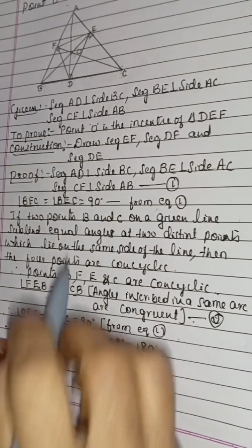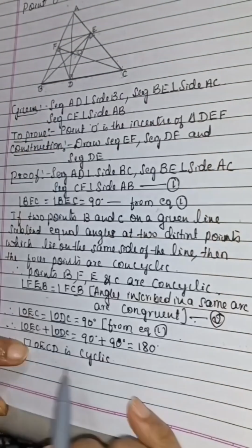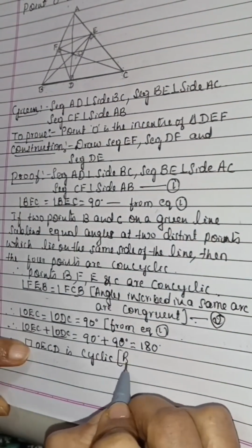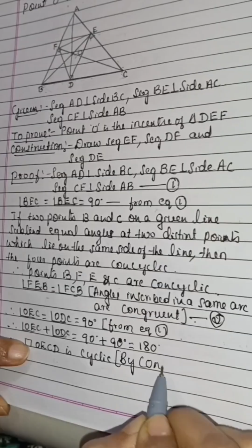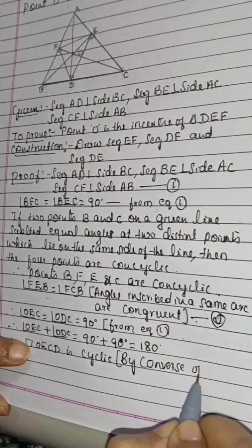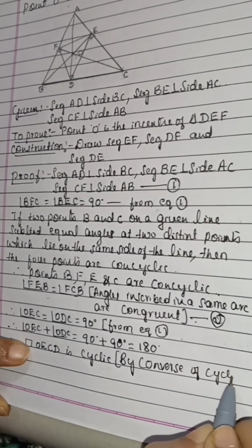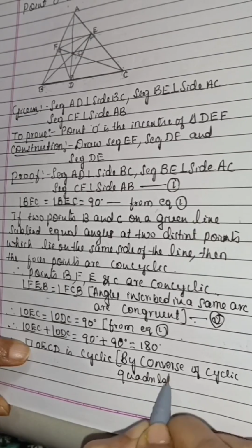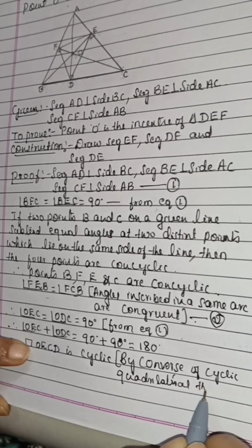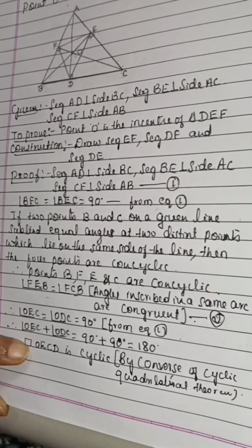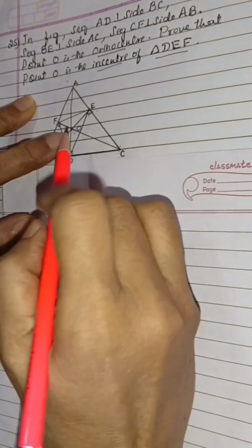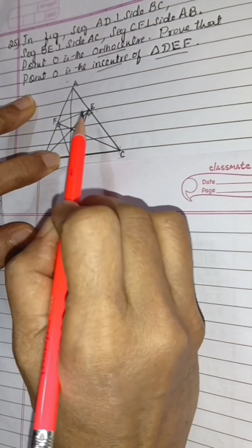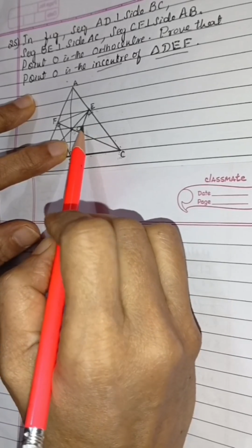Here we'll write quadrilateral OECD is cyclic, by converse of cyclic quadrilateral theorem.